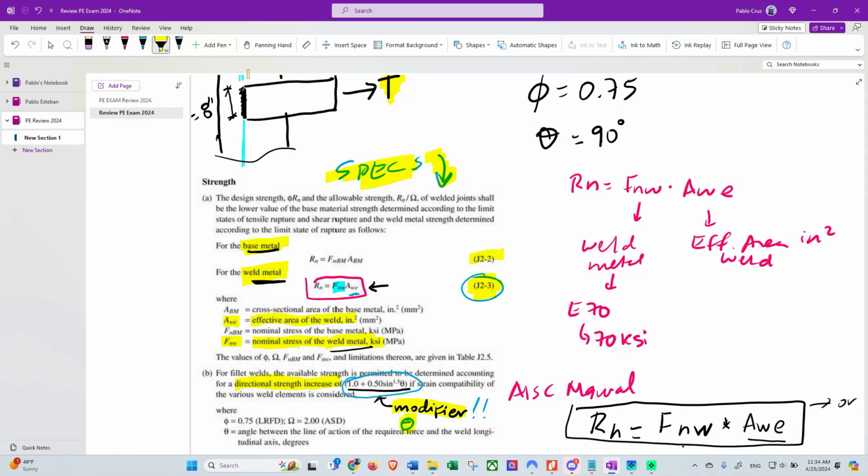This directional strength increase, let's say factor, or as I call it here, a modifier, is calculated using this equation: 1 plus 0.50 sin to the 1.5 power of the theta angle.